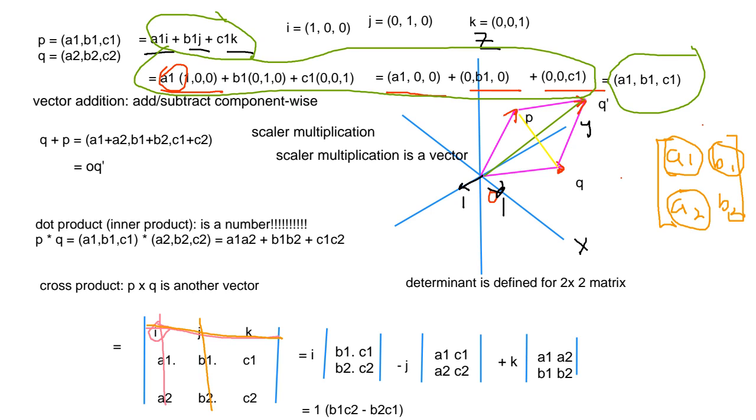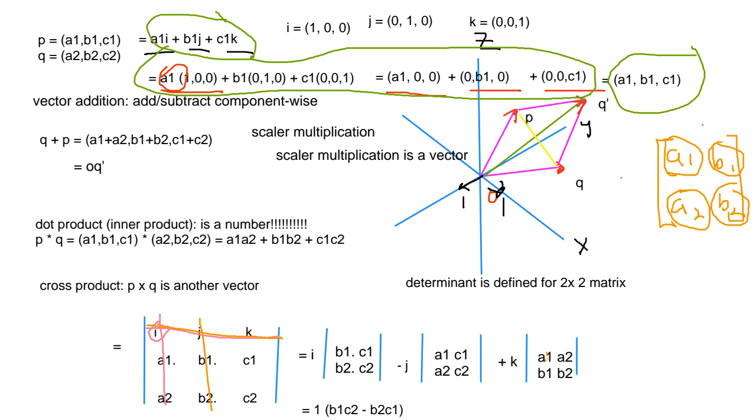Is it possible that it's supposed to be A1, B1 on top? Thank you, I wrote it wrong. Because sometimes I use A1, A2, A3 for one vector and B1, B2, B3 for the other. Yes, thank you so much. This is wrong. Thank you for catching that.